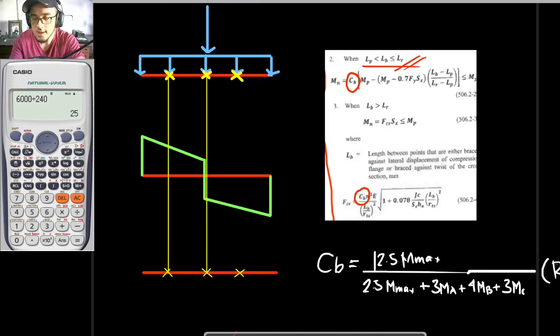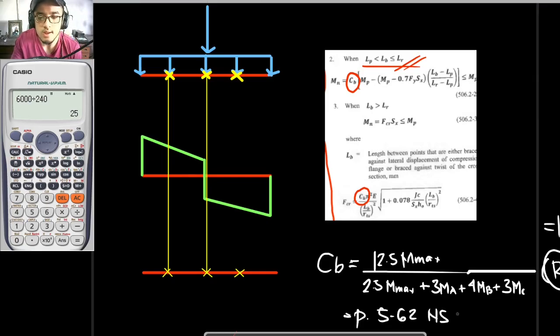And in most cases, RM is equal to 1.0. And this formula right here is from page 5-62 ng inyong NSCP.